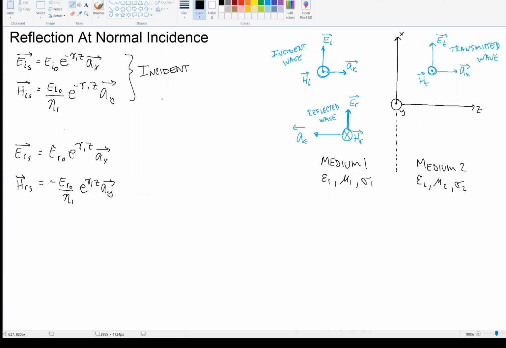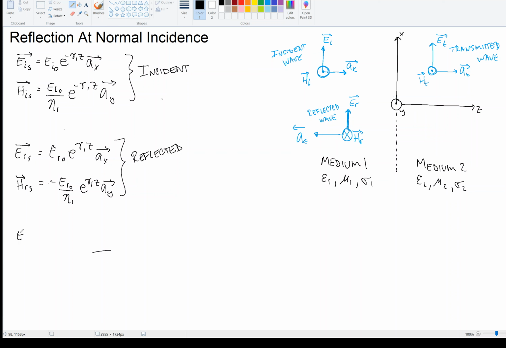Okay, so we have this. And again, E_R, reflected, and E_I, incidence, have to be in the same direction to satisfy boundary conditions. So these are the reflected portions of the wave. Now let's describe the transmitted wave in the same way.